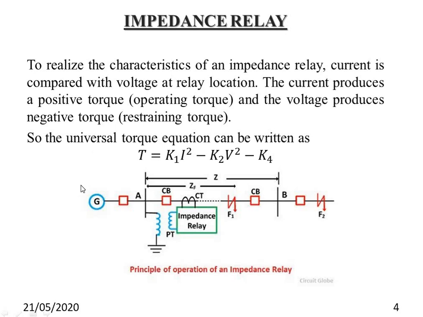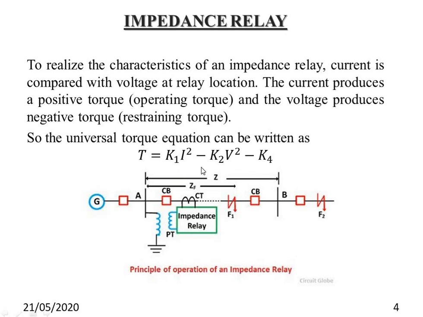Now for the impedance relay, we know V and I, so there will definitely be two types of coil. One is the current coil, and another one is the voltage coil or potential coil. Okay. Now what will be the torque equation? As these two individual coils are there, the torque equation will be T equals K1 I square minus K2 V square minus K4.